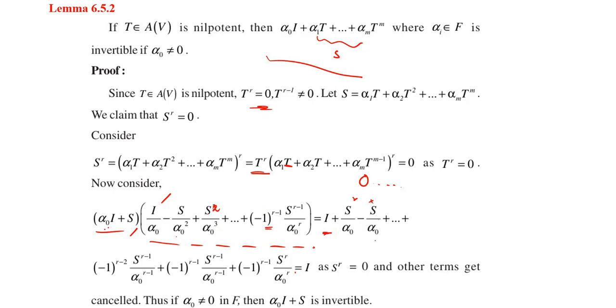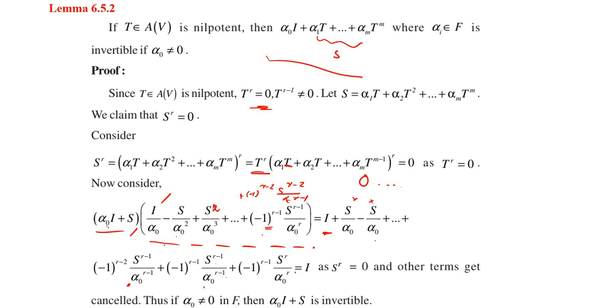But how about the previous one? Alpha naught I with this will give you this. So one alpha naught will get cancelled. So you are getting S power r minus 1 by alpha naught power r minus 1. And we would have had in the previous one minus 1 power r minus 2, S power r minus 2 by alpha naught power r minus 1. So this one with this will give another term. That is what we have written here.